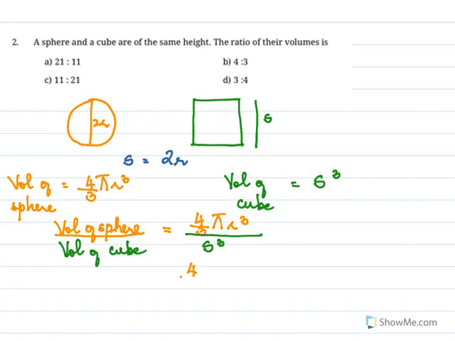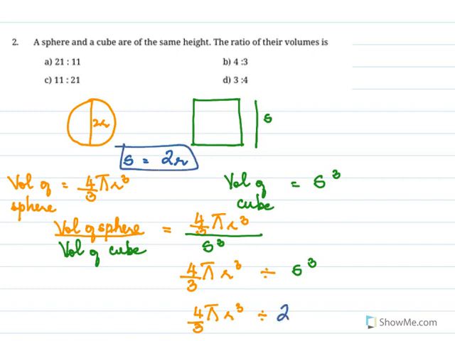And the next step we'll divide this, so we write 4 by 3 pi r cube divide by s cube. And the division now we make into multiplication. So 4 by 3 pi r cube divide by, now we know s is 2r. So for s we put 2r the whole cube.